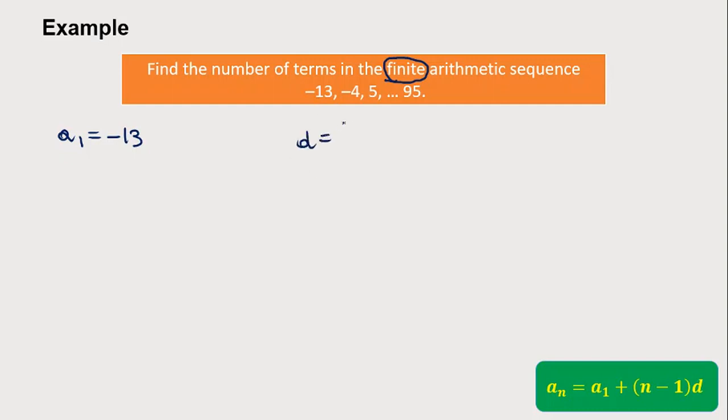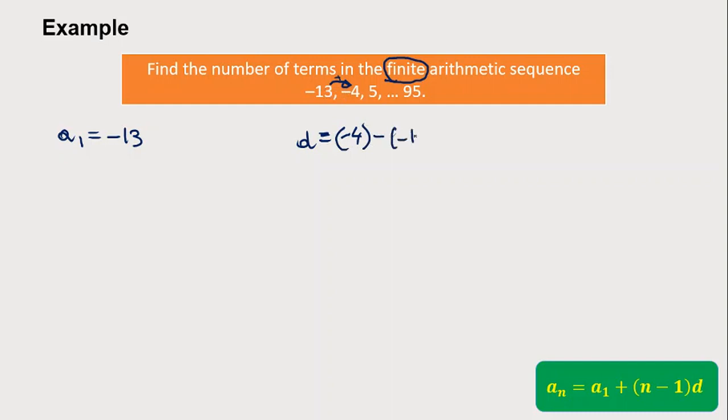Common difference, to work it out, by the way, in case you are wondering how I work out these things, you basically take any term apart from the first one, and then take away the previous term.